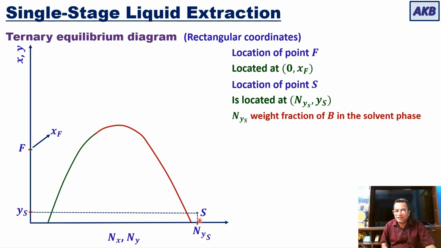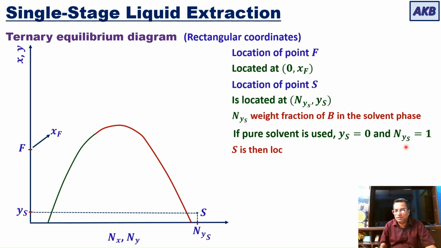And this will be true if you are using a recovered solvent. If you are using fresh solvent or pure solvent, then YS will be 0 and all that is there in the solvent will be B. That is, the weight fraction of B in that case will be equal to 1, that is, NYS is equal to 1.